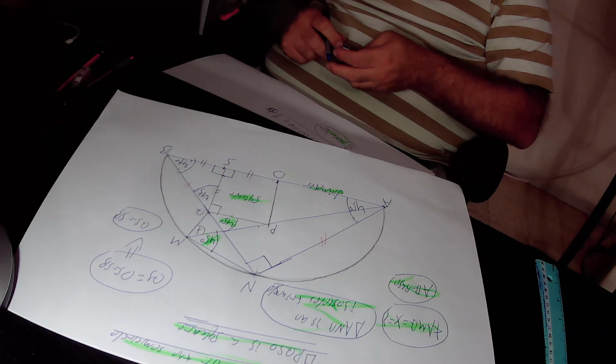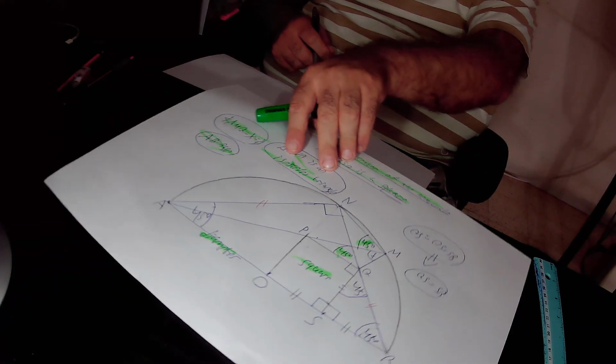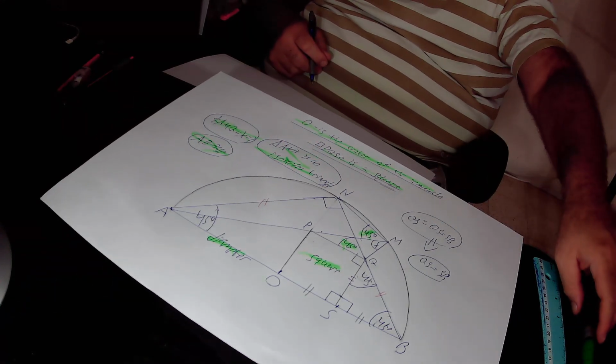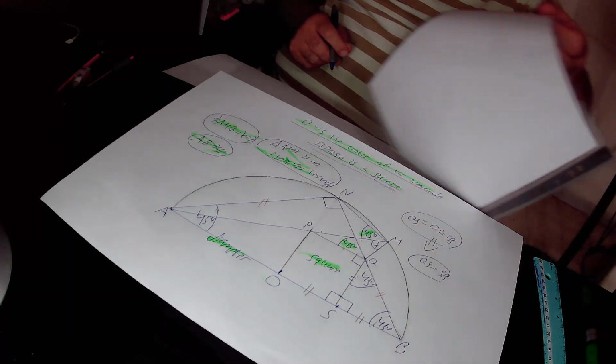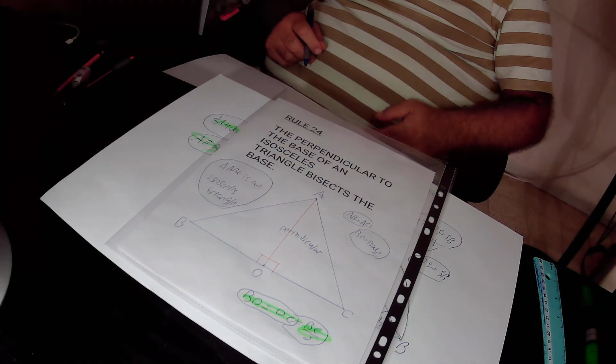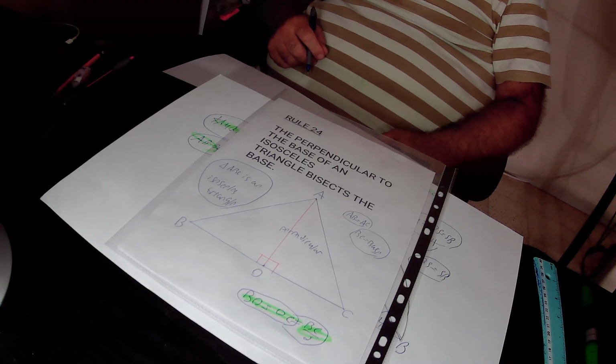So here we can implement rule 24 in the isosceles triangle ANB. According to rule 24, the perpendicular to the base of an isosceles triangle bisects the base.